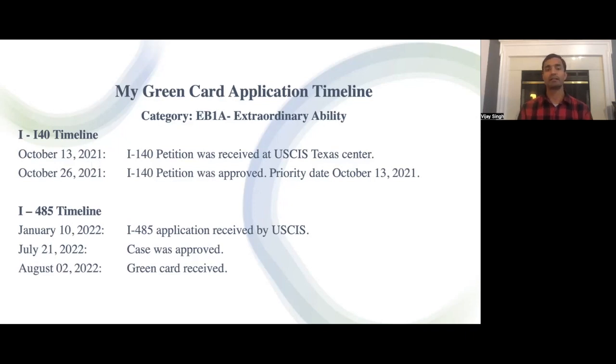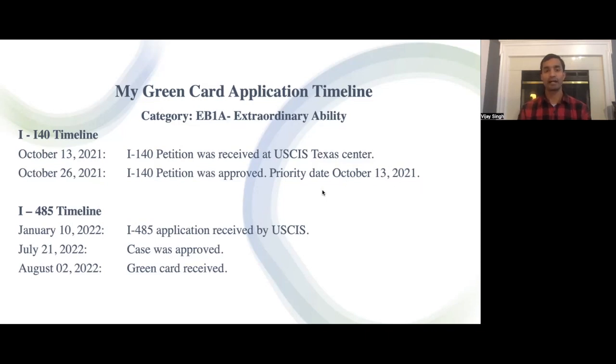I had applied premium processing. The reason was that I wanted a quick decision on my application. It took about 2 weeks, and in about 2 weeks, I got my approval notice. First, I got an email, and then I got a physical mail with my approval notice. The priority date on my application was October 13, 2021.